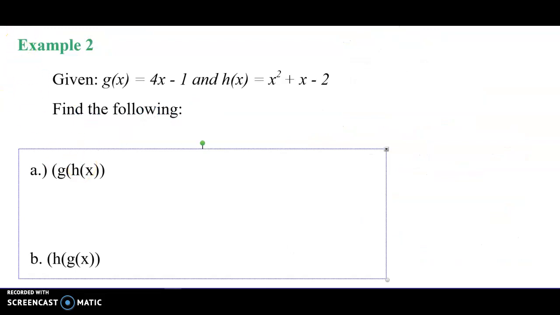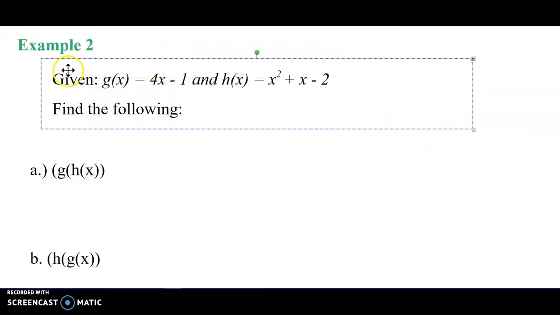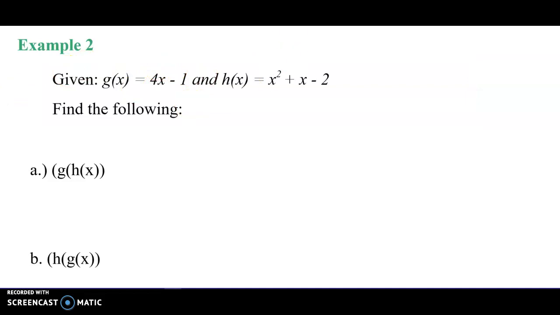where we now have our function g of x. G of x equals 4x minus 1. And then h of x is equal to x squared plus x minus 2. So in our first case, we see g of h of x.